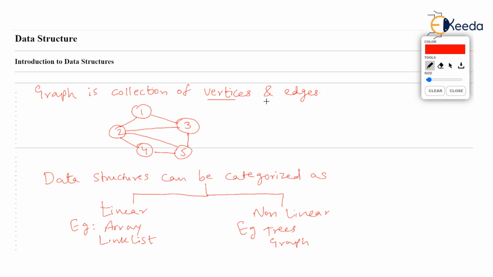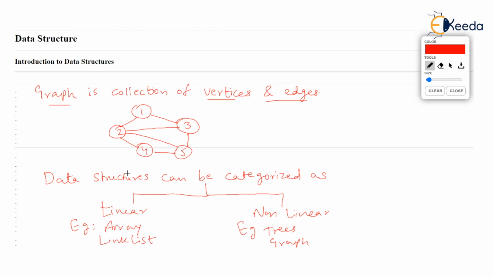You can easily find how this 1 is associated with 2 and 3, isn't it? And how this 2 is associated with 3, 4, 5 and 1. So a single data is associated with multiple data. So that's why a graph can be known as a non-sequential or non-linear method of storing data.